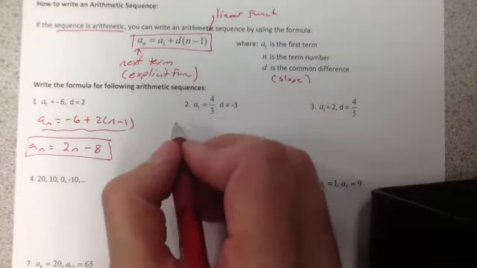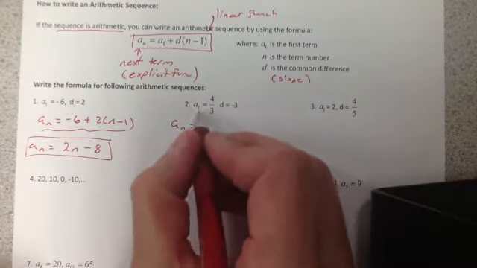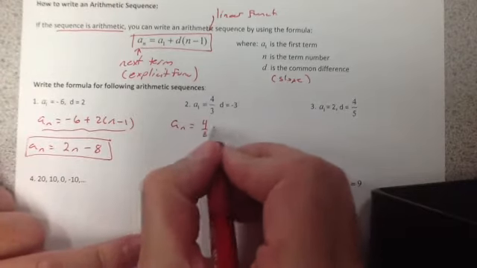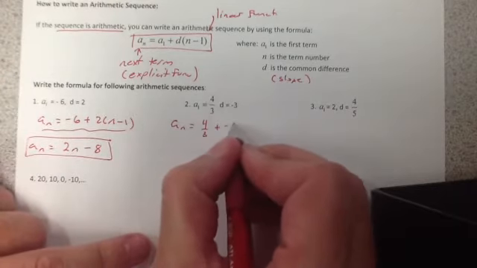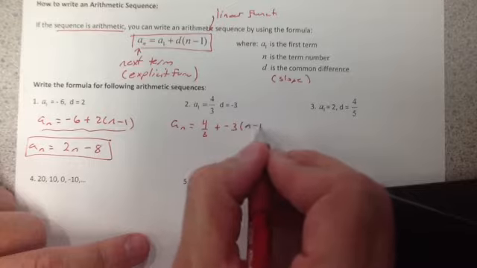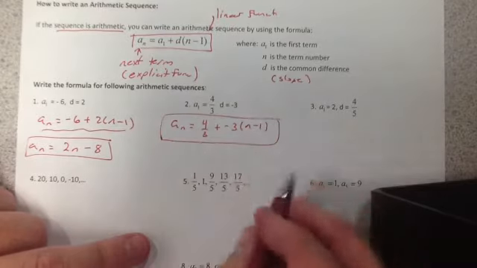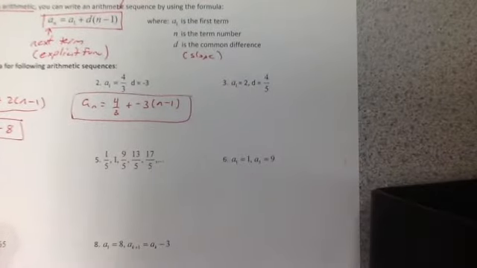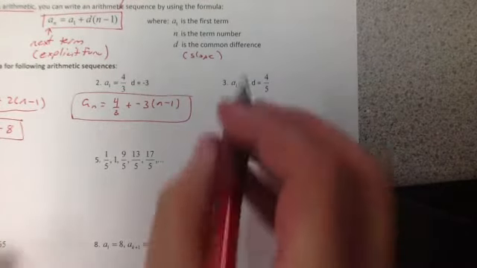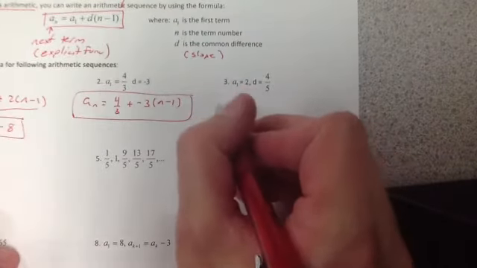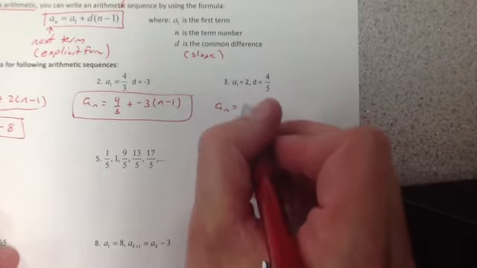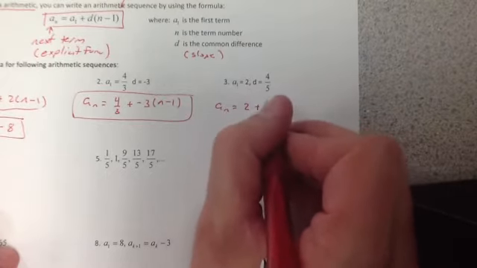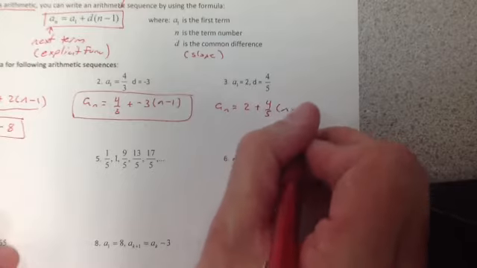Let's try number 2. A sub n equals my first term, 4/3, plus a negative 3, times n minus 1. You can leave your answer like this because it's fractions. We don't want to mess with those. Let's try number 3. What's my a sub n? My first term is 2 plus my common difference, 4/5, times n minus 1.